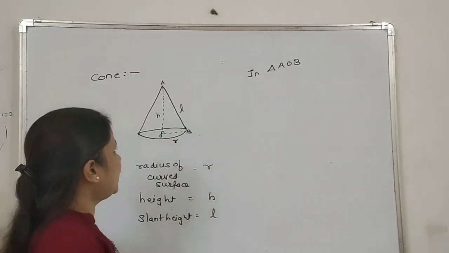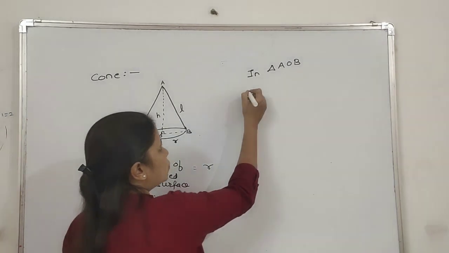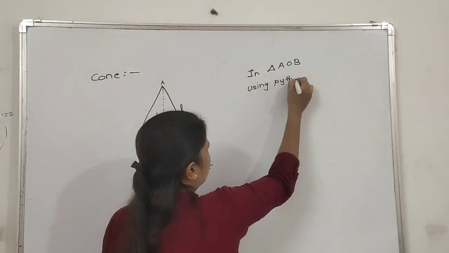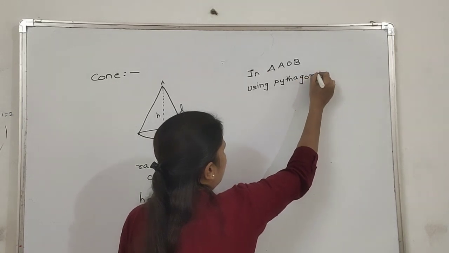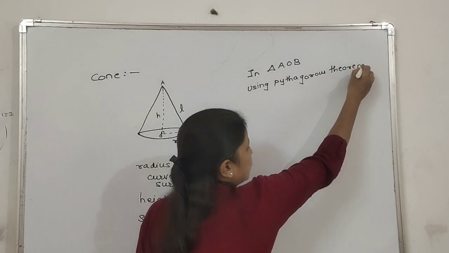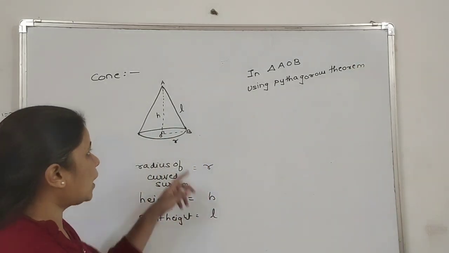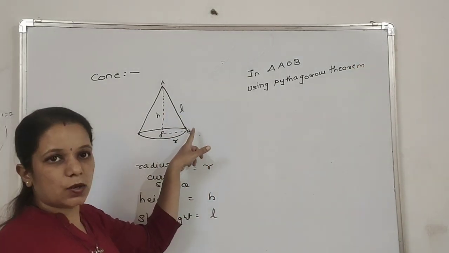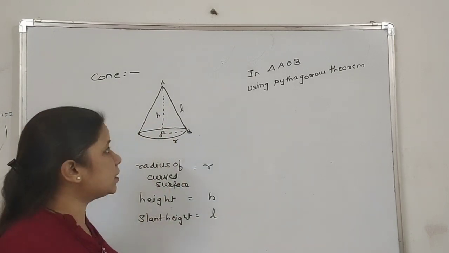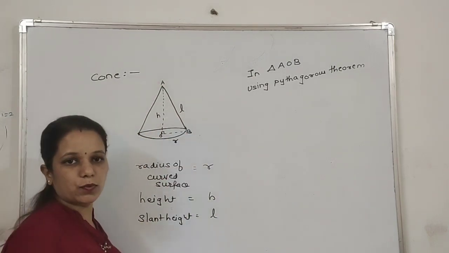Now in any right angle triangle, using Pythagoras theorem, what does Pythagoras theorem state? Hypotenuse square is equal to one side square plus another side square. Now in this case, AB is your hypotenuse.